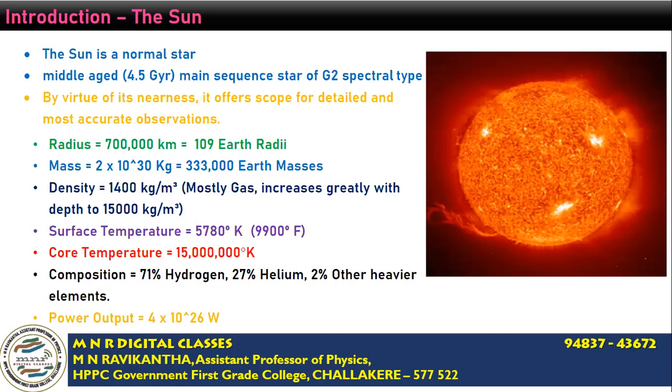So the composition is 71% of hydrogen, 27% of helium, and 2% of other heavier elements. Because of the thermonuclear fusion reactions, the Sun emits enormous amounts of energy. The energy emitted per second is called power. The power output of the Sun is 4 into 10 to the power of 26 watts.